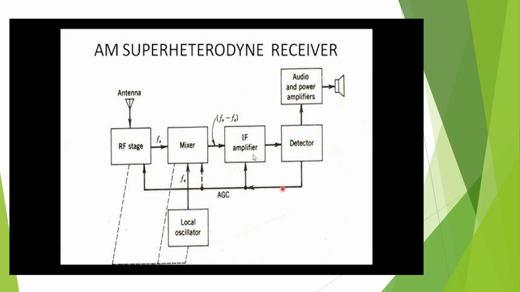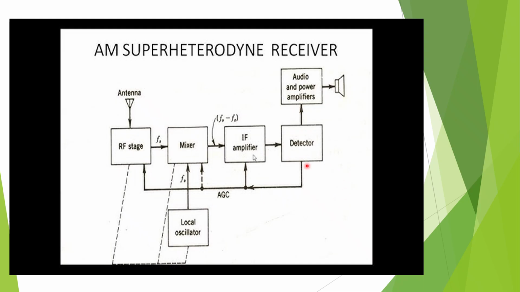This part of the output is applied to the RF amplifier, mixer, and then the IF amplifier. You can see through this block diagram, something is given to the IF amplifier, a little part is given to the mixer, and a little part is given to the RF amplifier, so that it can maintain a constant output voltage level.